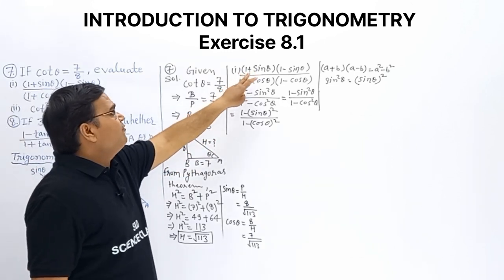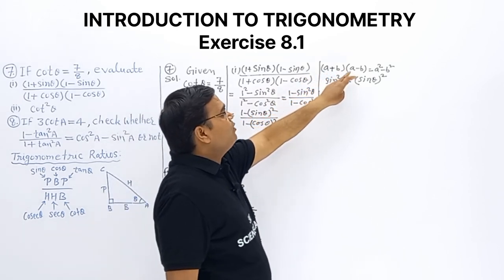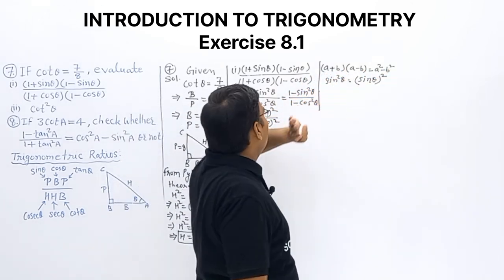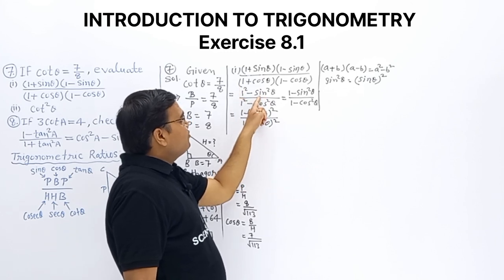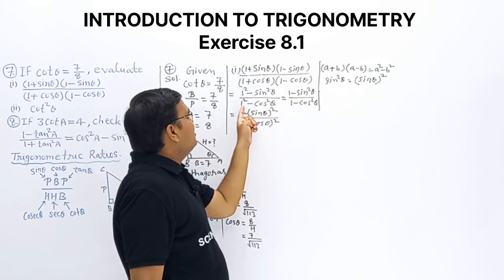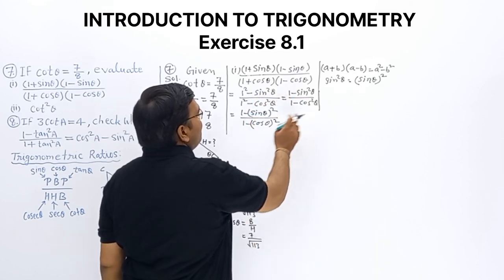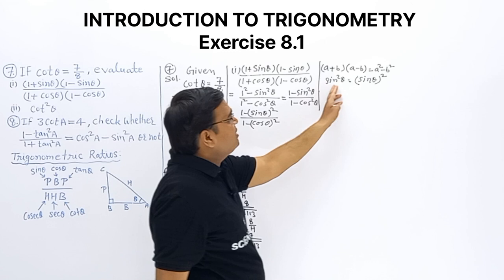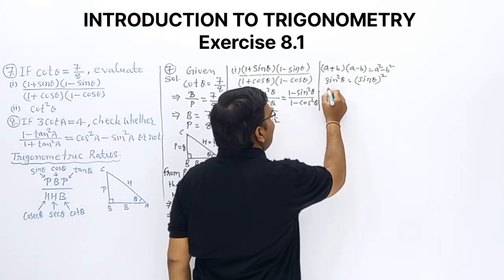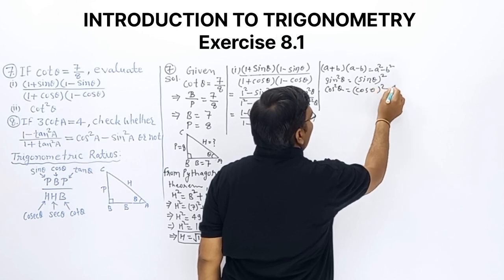So it is in the form of (a plus b)(a minus b), and (a plus b)(a minus b) will be a square minus b square. So this can be written as 1 square minus sin square theta. Similarly, this can be written as 1 square minus cos square theta. Clear? Sin square theta is sin theta whole square, and cos square theta is cos theta whole square.